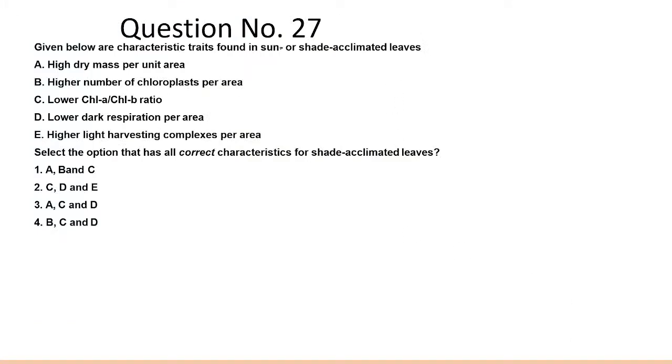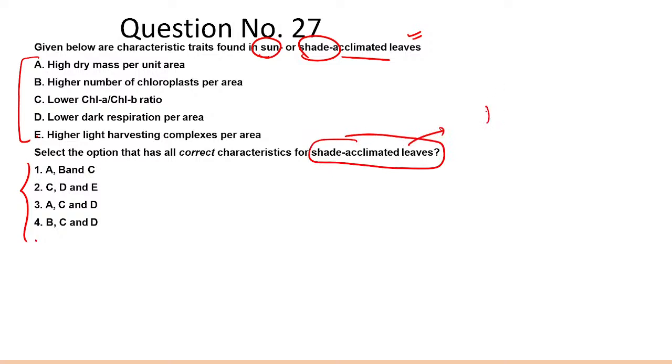You're given a few statements for the sun and the shade acclimated leaves, and you need to find out which of the following is correct in terms of your shade acclimated plants or shade acclimated leaves. That means those leaves which can easily perform the various functionalities while staying in the shady region as well, where they're not getting an optimum level of sunlight.